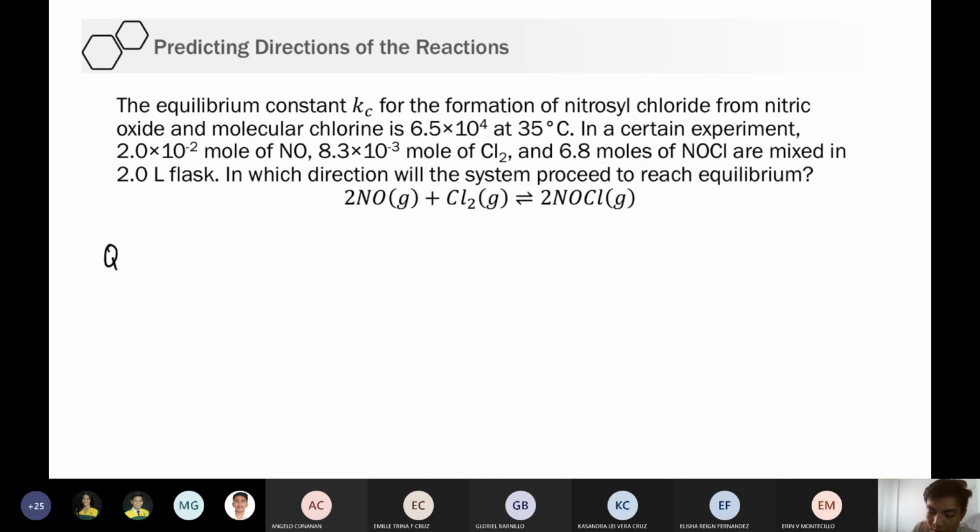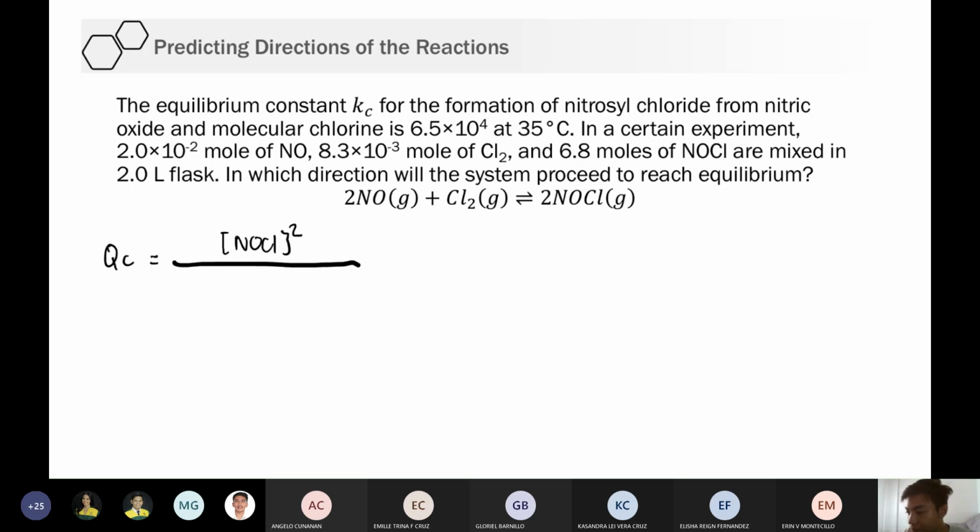So, Qc will be equal to products over reactants. So, NOCl squared sa product side.